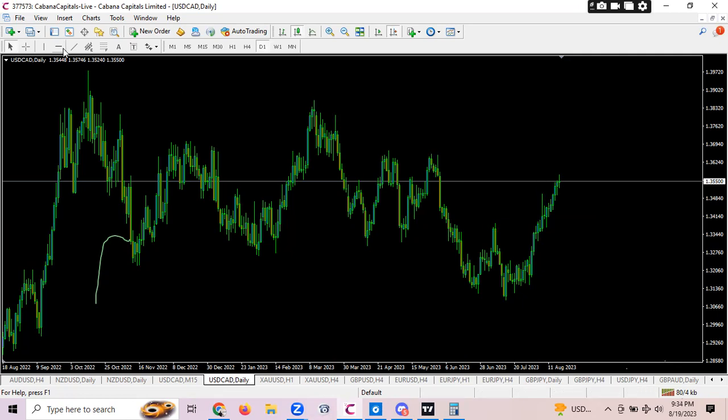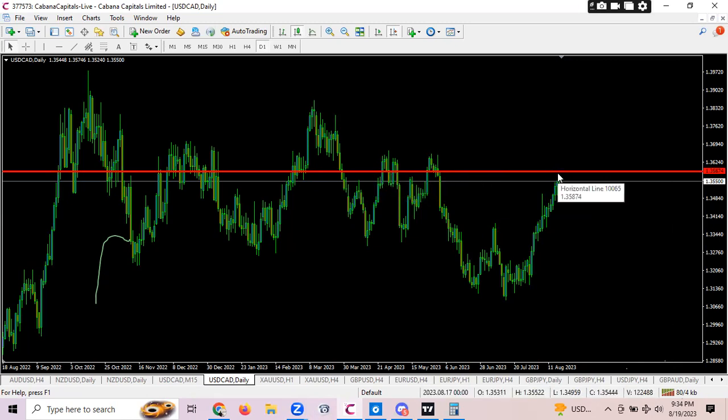You would also notice that price tested this previous resistance turned support. You can see that is the reason for this rejection. They didn't get to that level, but the goal was to hit this resistance level. That was the goal.